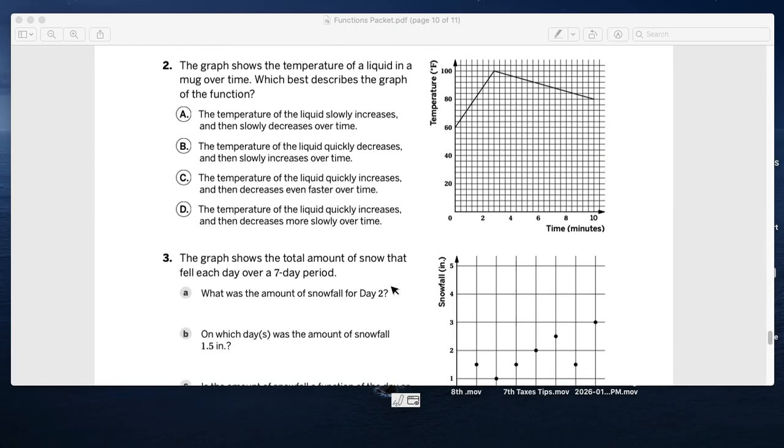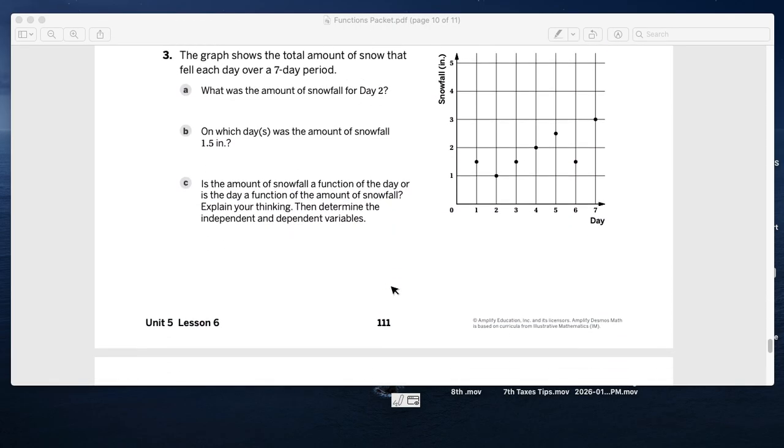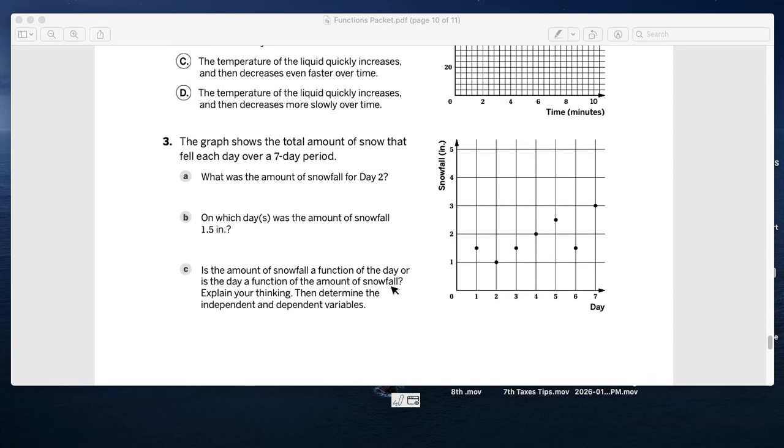Three. The graph shows the amount of snow that fell each day over a 7-day period.